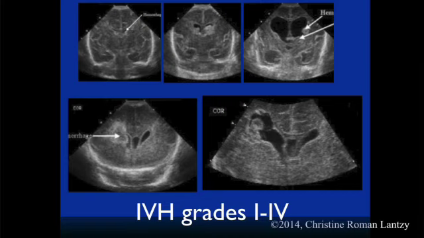IVH. And you can see there are 3 images at the top and 2 at the bottom. I will just point out that in the middle picture on the top row, one of the ventricles is very different in size and shape than the other. In the third picture, you see significant swelling of those ventricles. The picture at the bottom left, and both pictures in the bottom, show a grade 4 IVH.